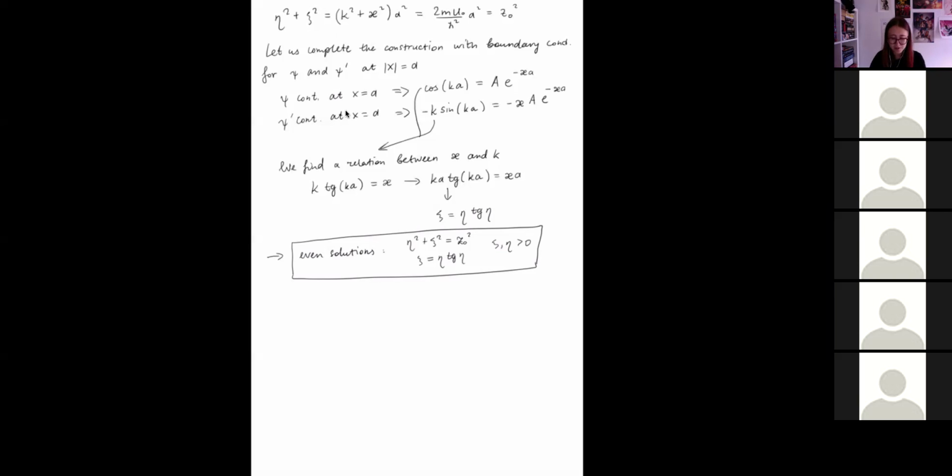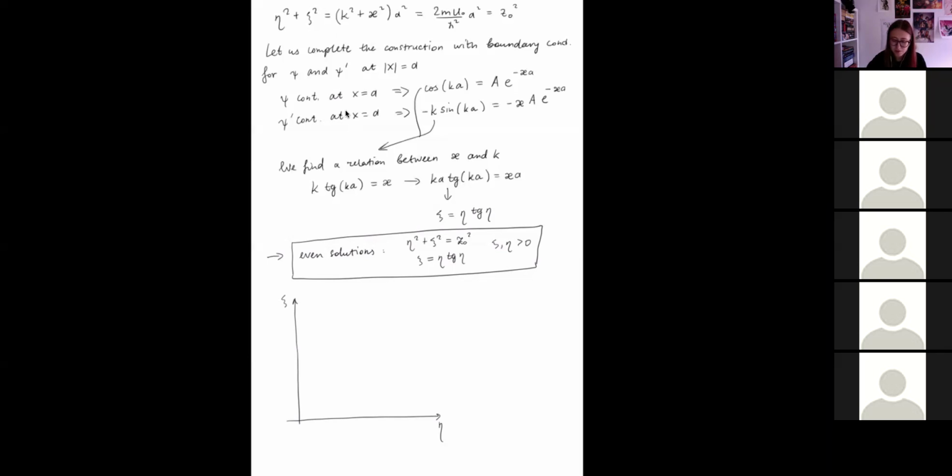However, we are able to see potentially how these solutions look if we just consider the first upper plane, if we plot psi and eta against each other, and then we can plot both of these functions and see where they intersect.